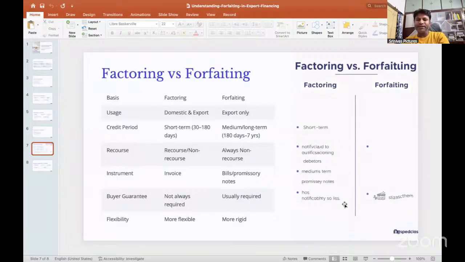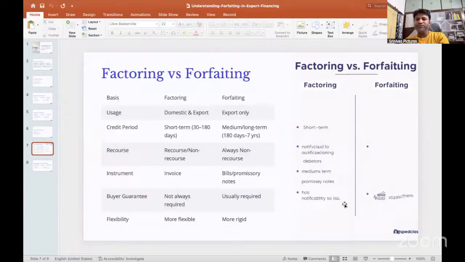And credit period. Generally, factoring involves only short-term agreements, short-term commitments only. Generally, this period is 30 to 180 days. Whereas forfeiting involves medium and long term, minimum 180 days, and it is up to 7 years also.